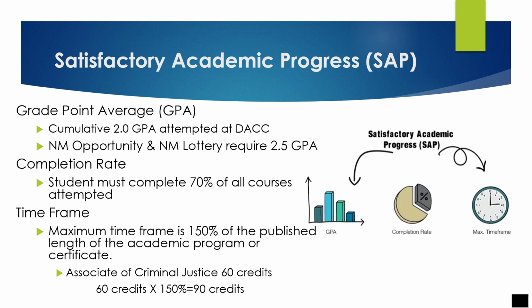Federal financial aid regulations will allow financial aid to pay up to 150% of that published length of program, meaning financial aid will pay up to 90 credits under the Associate of Criminal Justice. If a student goes above the 90 credit status, then they may become unsatisfactory, and students have the option to submit an appeal for financial aid to review their academic progress.